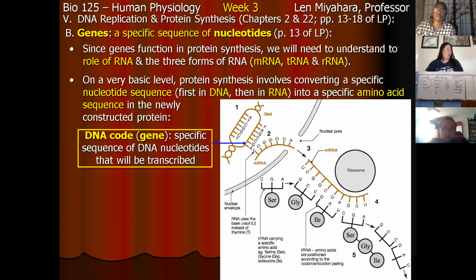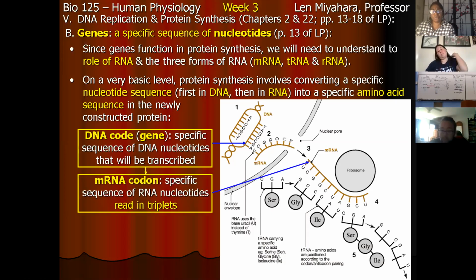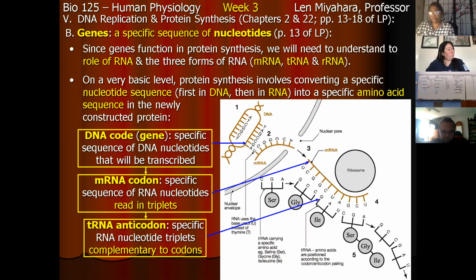So we're going to start with DNA, and that's the gene or code. We got to copy it to mRNA. We'll talk about that in just a second. And that has the codon, and again, it's read in triplets. Codons are in threes. Then we got to go to an anticodon RNA sequence, which is on transfer RNA.